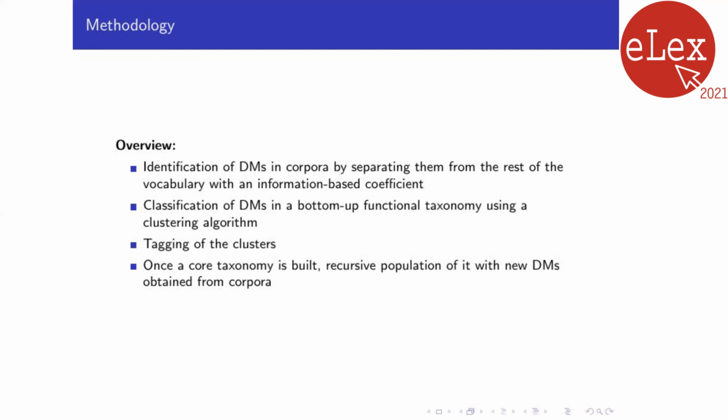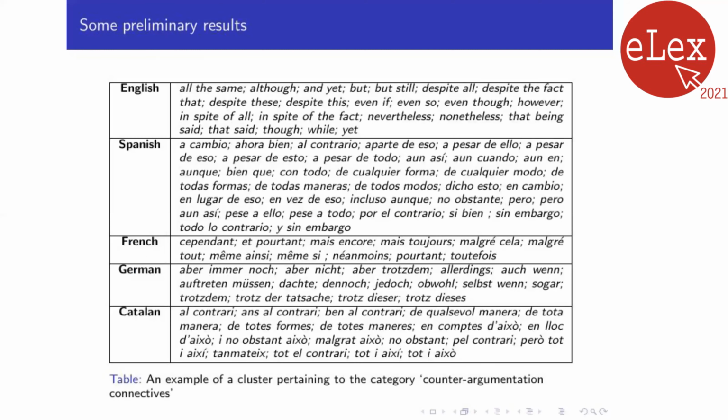In the next slide I offer some examples of one rather small cluster of what you would call contrastive connectives, such as, in English, nevertheless, nonetheless, and so on. These are the kinds of discourse markers.